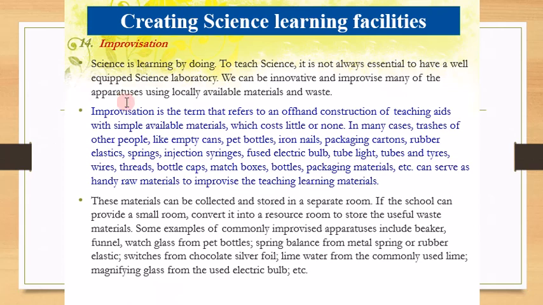So such kinds of materials, any materials that you need, even mirrors, car vehicle mirrors, can be brought into the classroom, even the pet bottles. So we can improvise things and bring them into the classroom for teaching and learning.